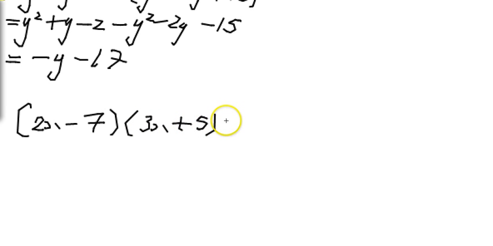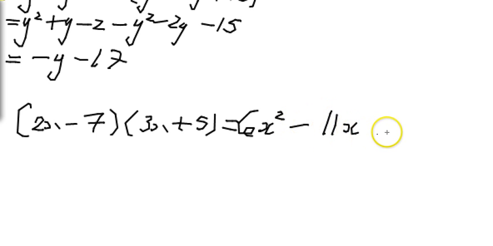Okay, now here's how I do it. Equals, so 2x times 3x is 6x squared. Since I know my outer and my inner are going to collect together, 2x times positive 5 is plus 10x, minus 21x, plus 10 minus 21 is minus 11x, and then minus 35.